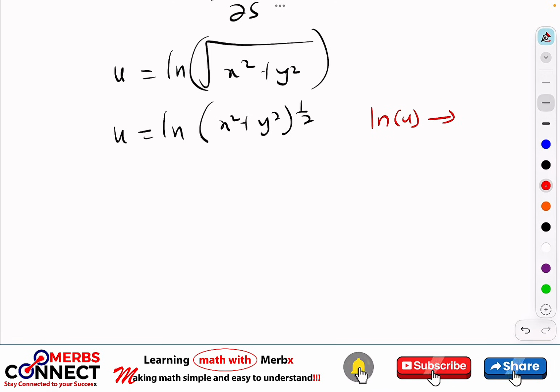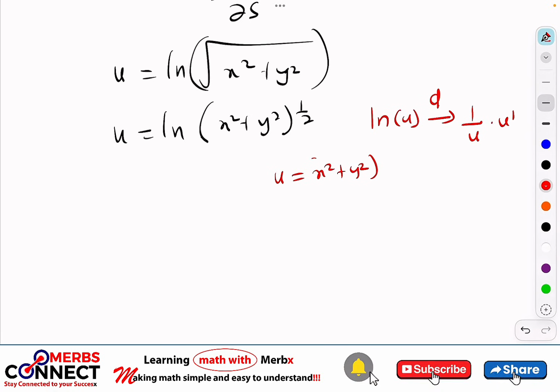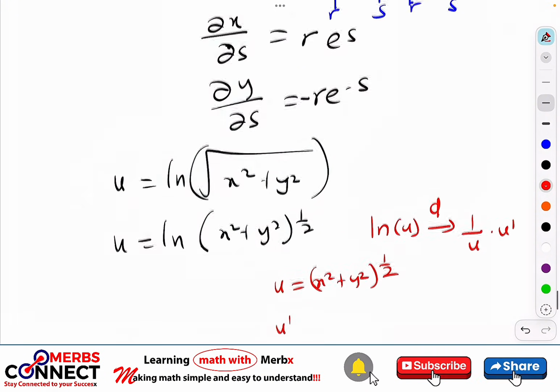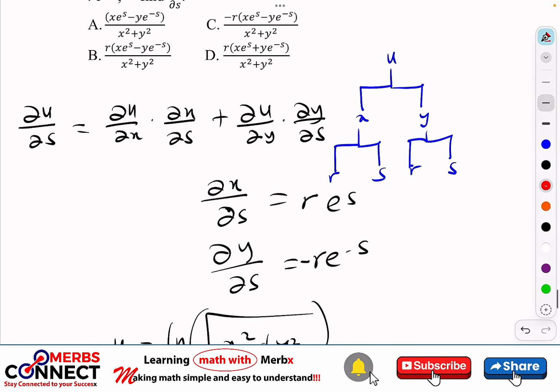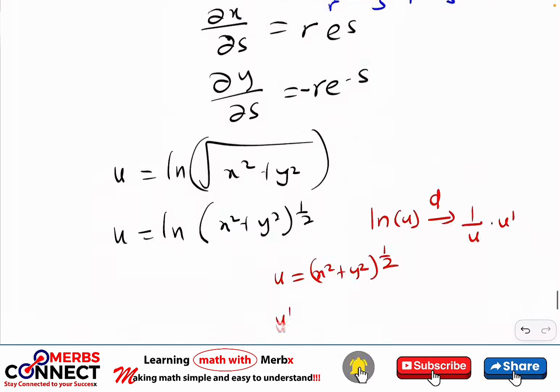So this is 1 divided by u times u prime. So when you look at this, our u is x squared plus y squared all to the power 1 over 2, which is beautiful. But we need u prime. Because we are differentiating with respect to x and y, we are going to do it partially.